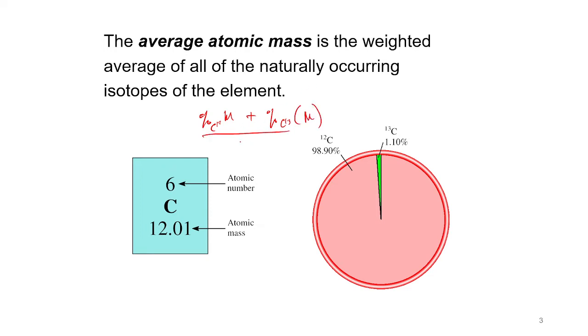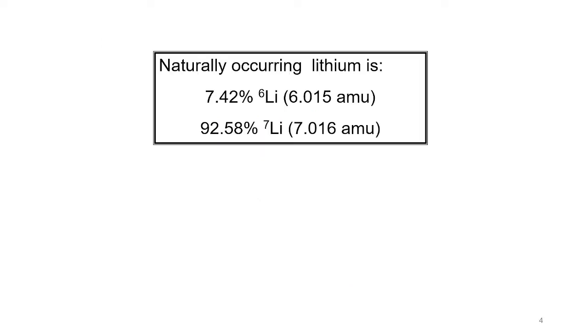Then just divide that by 100, or if you use decimal points, that will be your weighted average. Therefore, getting 12.01.